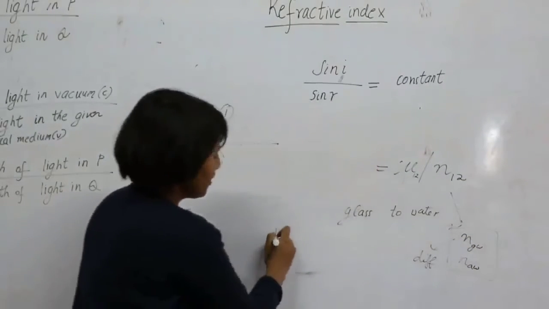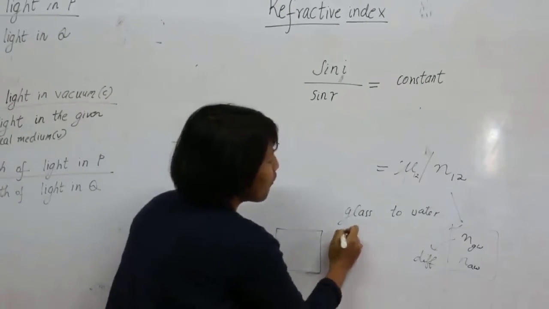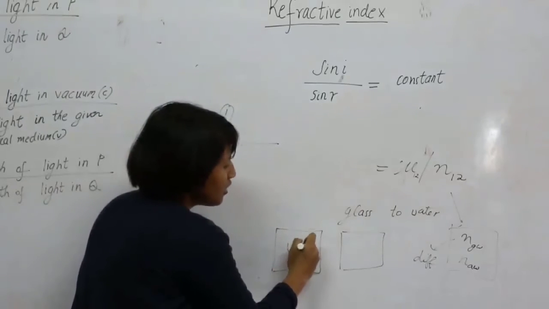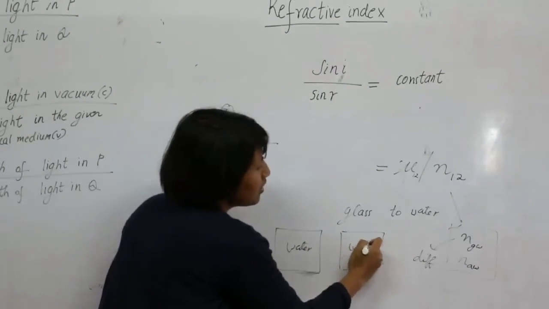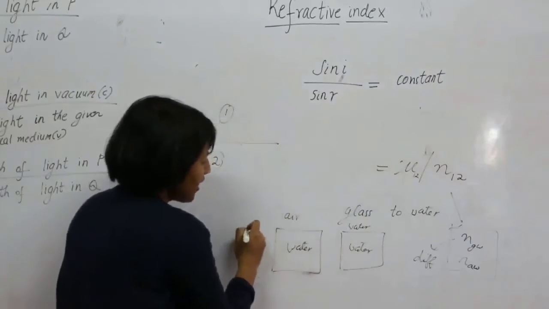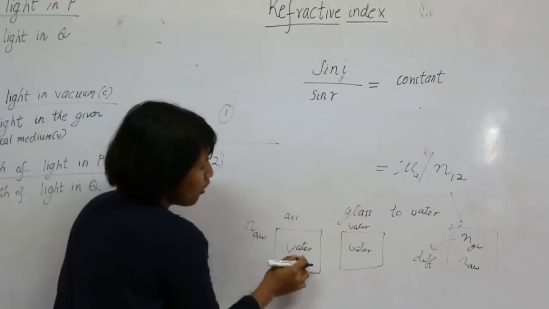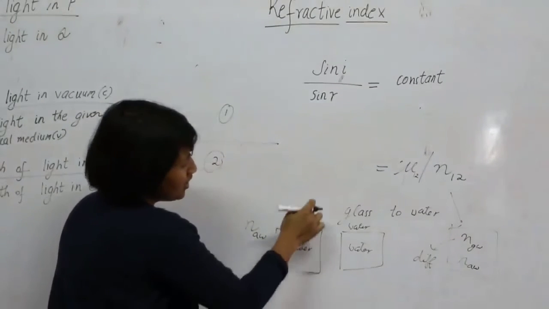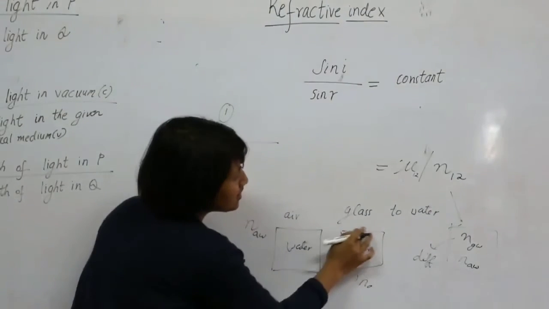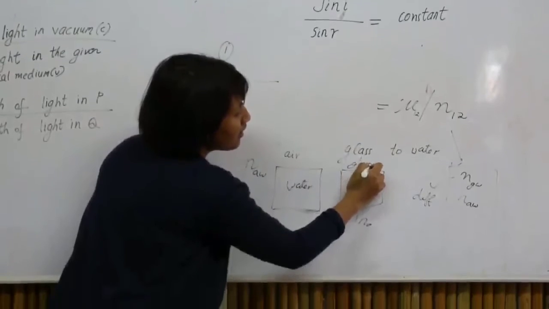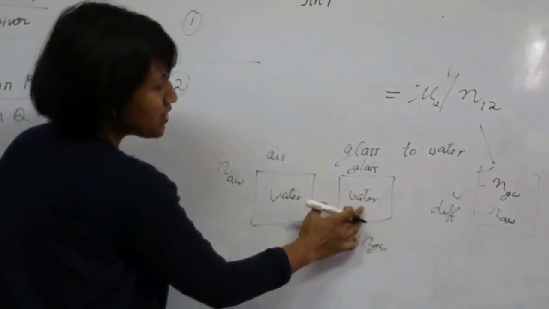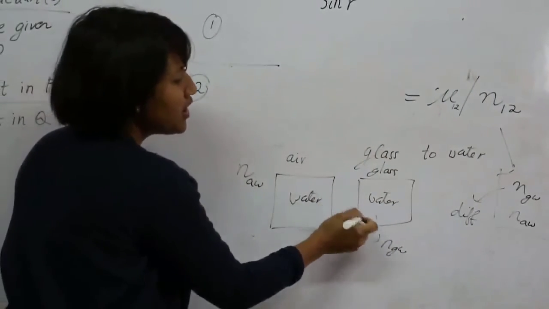Even though it is of the second medium with respect to the first, and here also it is water, here it is air and here it is glass. So the refractive index of water with respect to glass, however, will be different.